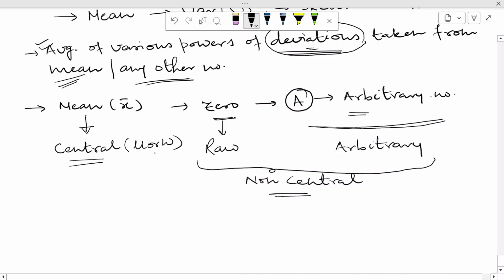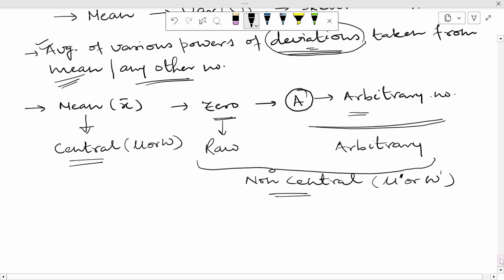Central moments are represented by mu or omega, while for the non-central moments we put a prime over this mu or omega, so we have mu dash or omega dash. Whenever there is a dash or prime written over mu or omega, this signifies that we are dealing with non-central moments, and when there is no prime in the notation, we are dealing with central moments.